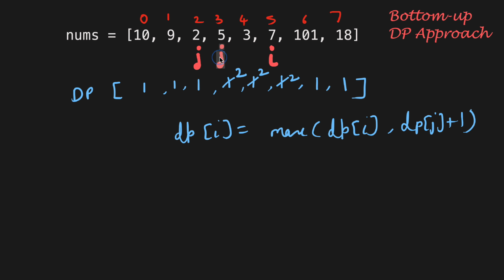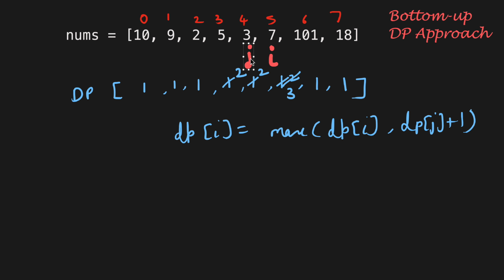Then we move j to index 3 and compare it with element 5, and since 5 is less than 7, we can again form an increasing subsequence. So the length of this subsequence will be dp at index 3 plus 1, which is equal to 3. And logically thinking, the sequence will be 2, 5 and 7, where we extended the previous sequence ending at j to also include the number at i. Then we move the j pointer forward and compare element 7 with 3.